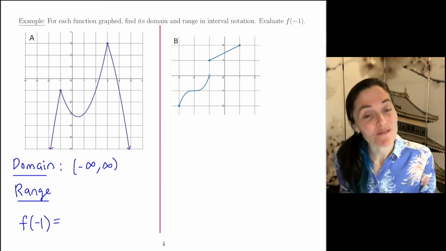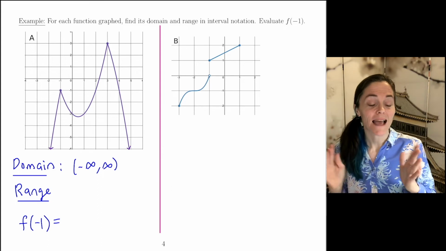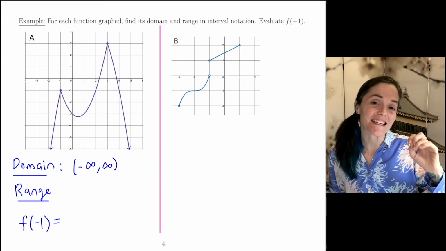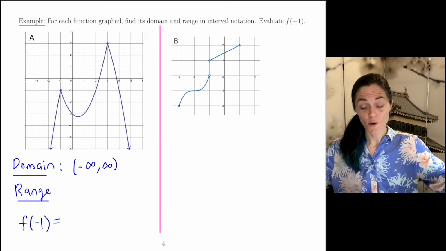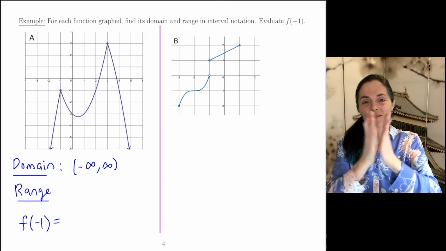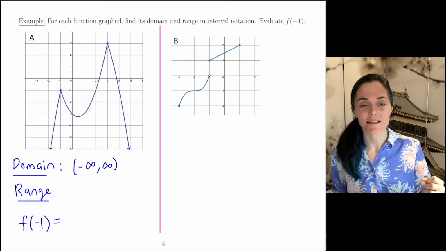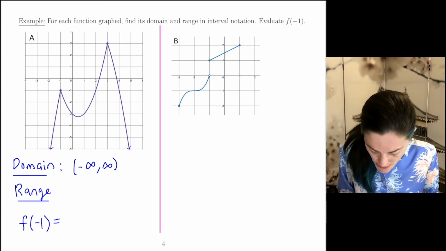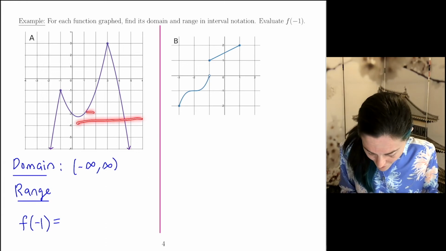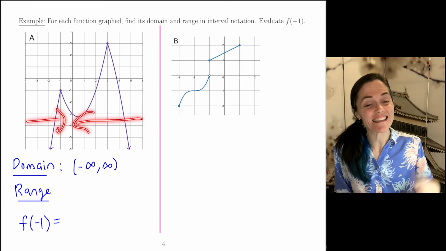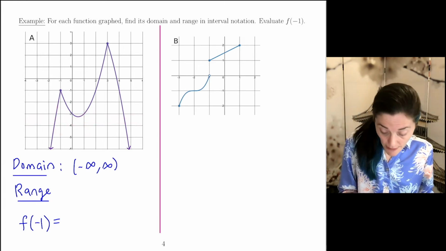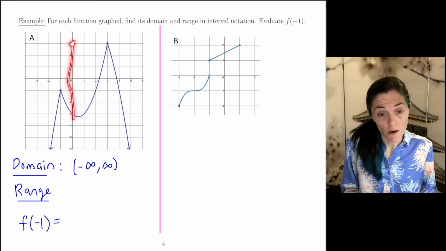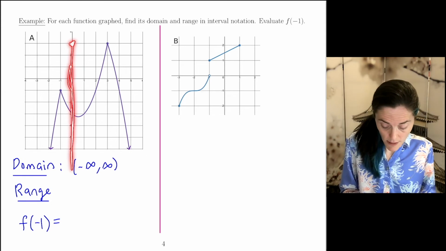Now, how do we get the range looking at the graph? Well, it's very similar, except we have to remember that range is y values. So you think about squashing the graph to the y-axis and seeing what gets filled out. So if you sort of move all of the graph this way and see what you land on, you note that we will hit 3, and then we will hit all of this, okay?